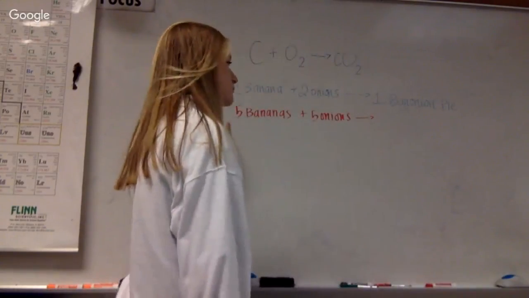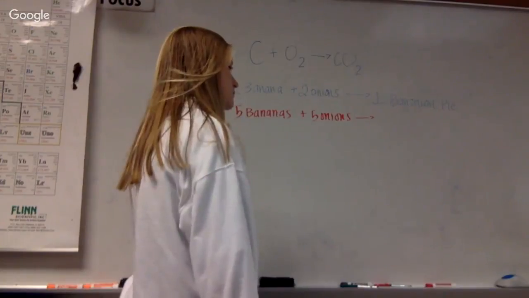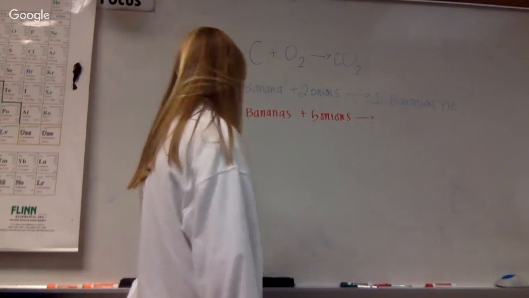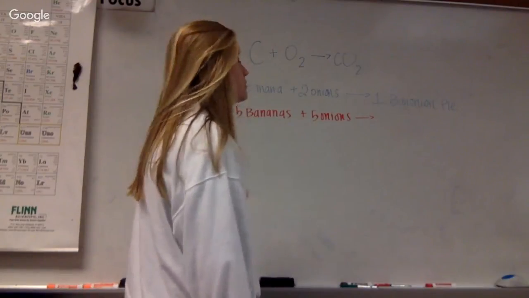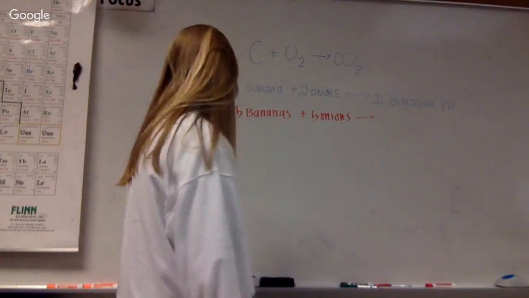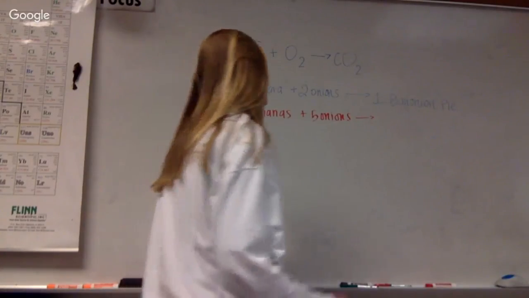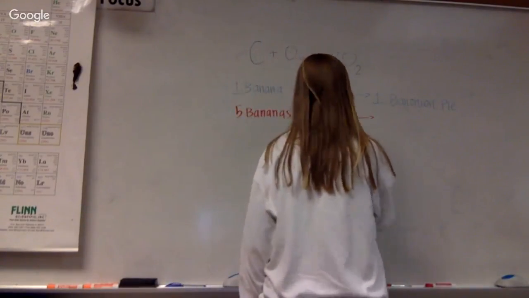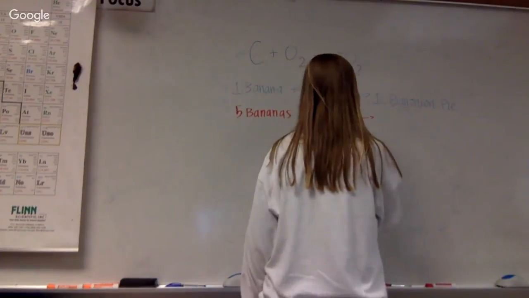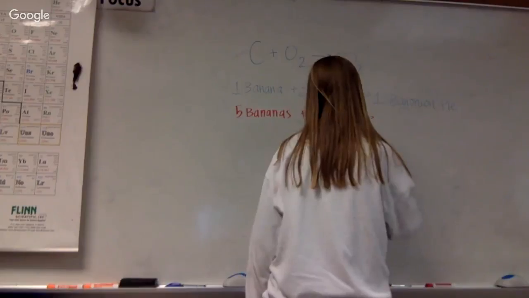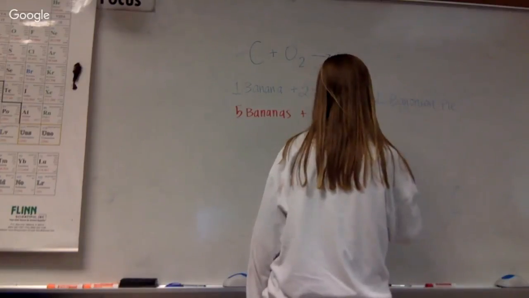Okay, if I have 5 bananas to start with, based on the 1 to 2 ratio, how many of the onions would I need? 10. I'd need 10, right? How many do I actually have? 5. So that means that my onions are my limiting reactant. They stop my reaction from going. And once I've used up my onions, won't I still have bananas left over? Yeah. My excess reactant.